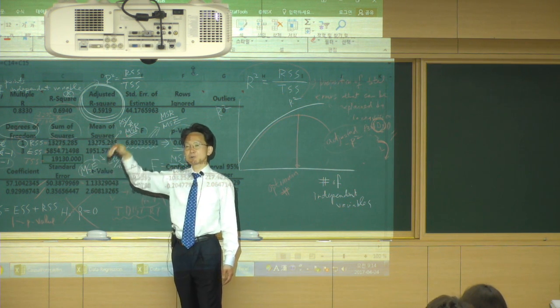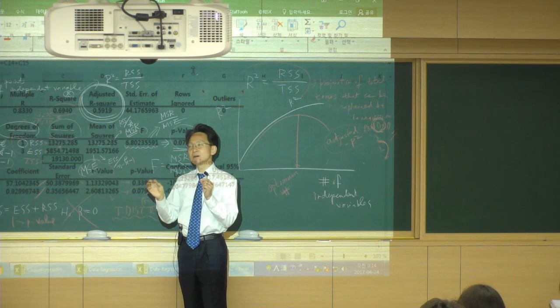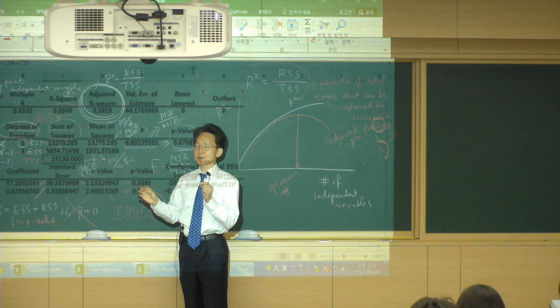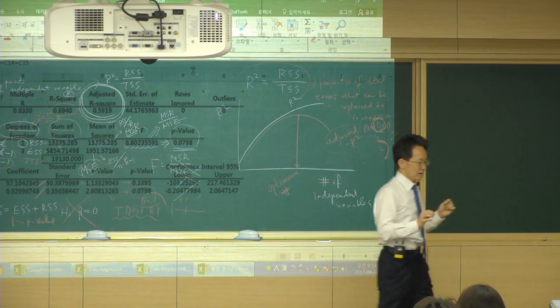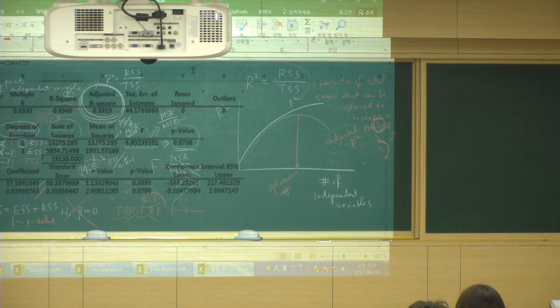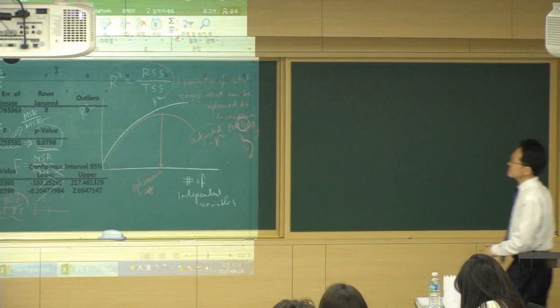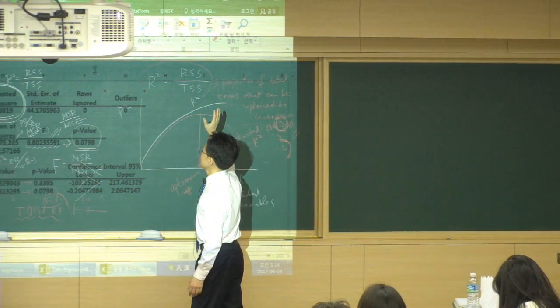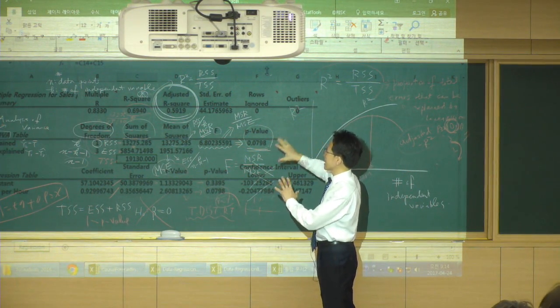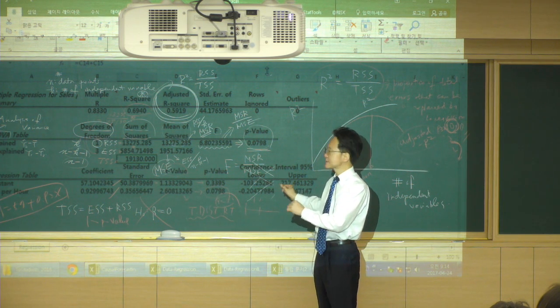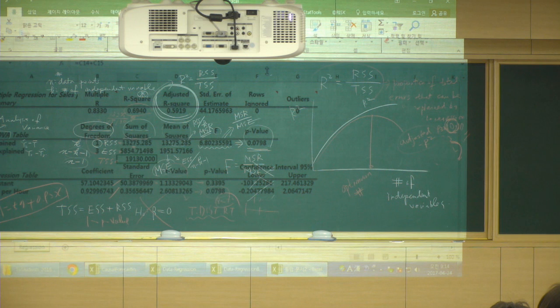And therefore, when we have a multiple regression model, we can always compare different models and see whether it's better for us to add one more independent variable or not. All right. So now we understand everything. Now we can calculate every number in this regression report. Very good. Any questions so far?